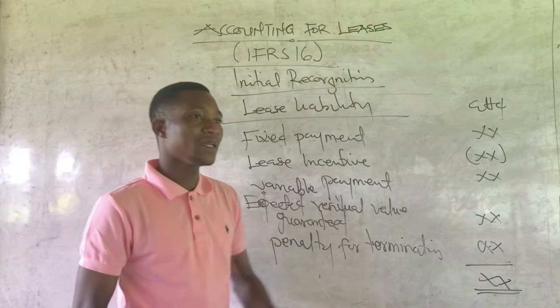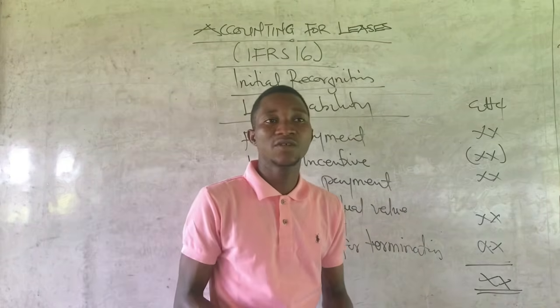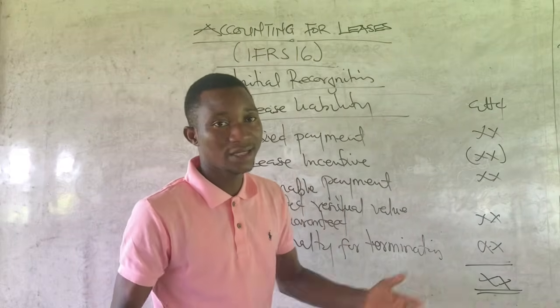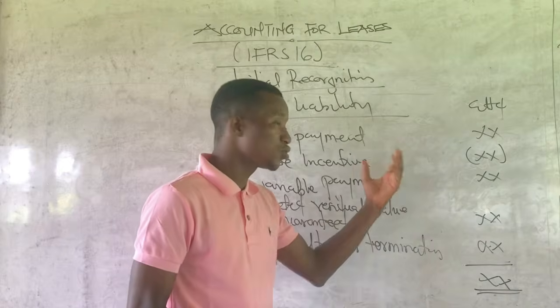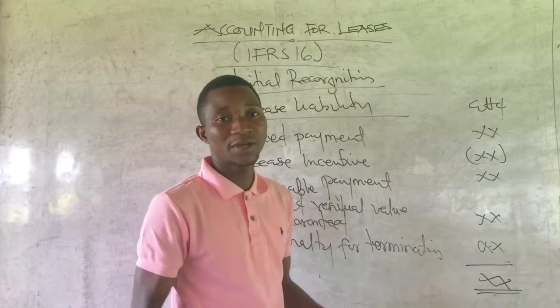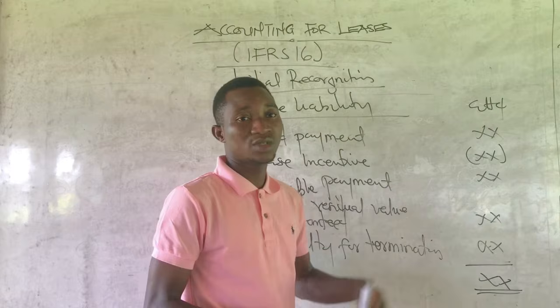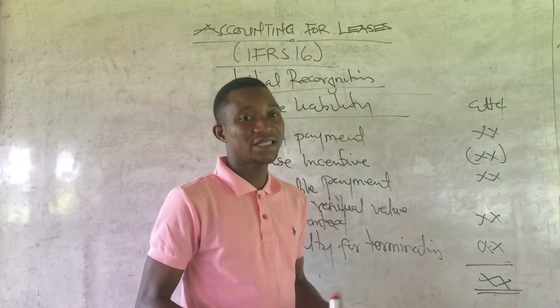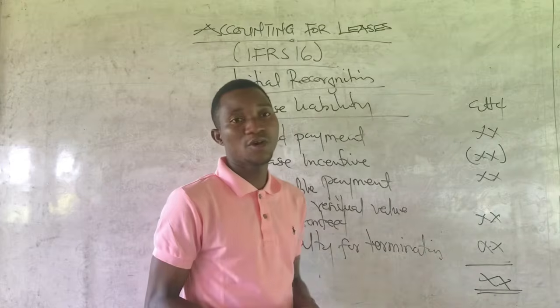Maybe in a question they give you the cost price of the asset as 5,000, so that is the lease liability. You don't compute anything, you just pick the lease liability to begin your subsequent measurement, where you prepare your amortization schedule to determine your finance cost.